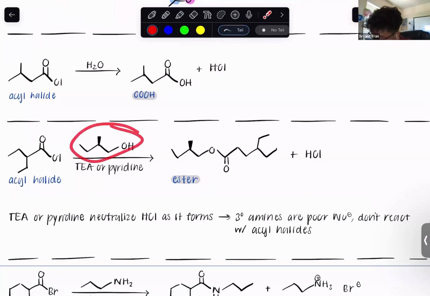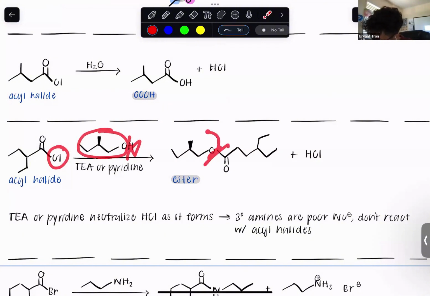If we react with an alcohol, we're going to create an ester, right? The easy way to predict the product here is to kick out this good leaving group chlorine and substitute that with the nucleophile right here, right? So that's going to be this right here, right? Wait.